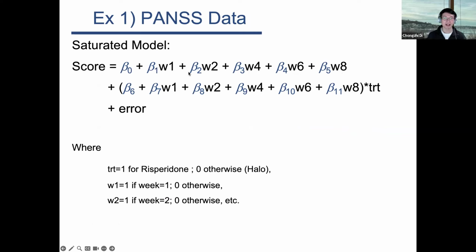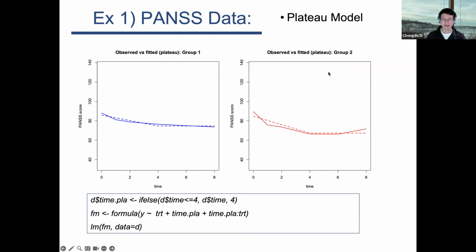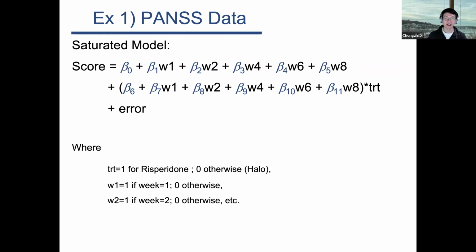So for beta 1, beta 2, beta 3, beta 4, beta 5, you have these 5 parameters to describe the change in trajectory. And similarly, for the second treatment group, you also need an additional 5 parameters to describe the change at each week, right? So the model becomes much more complicated. You have many more parameters, but it is indeed a little bit more flexible.